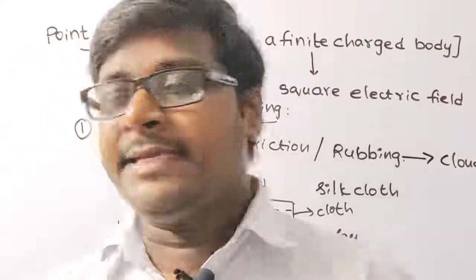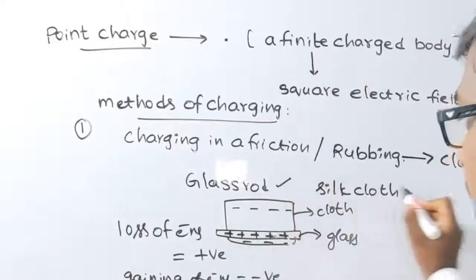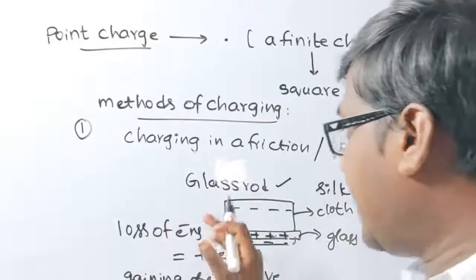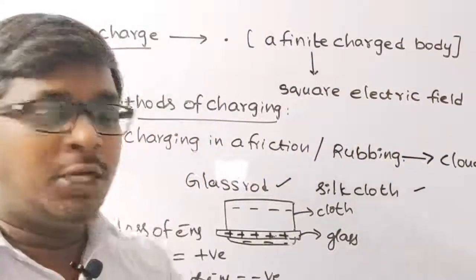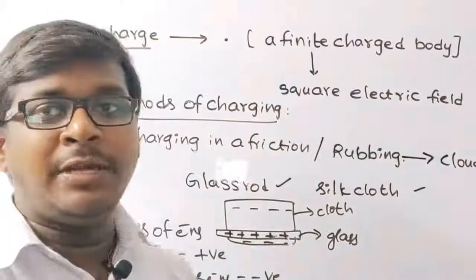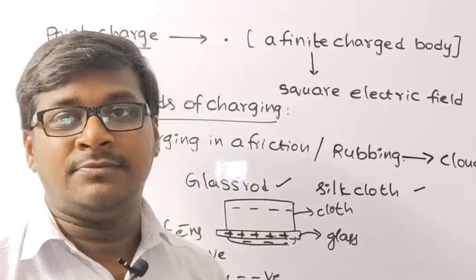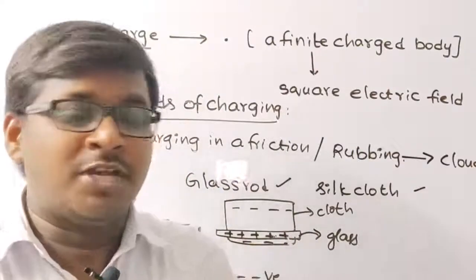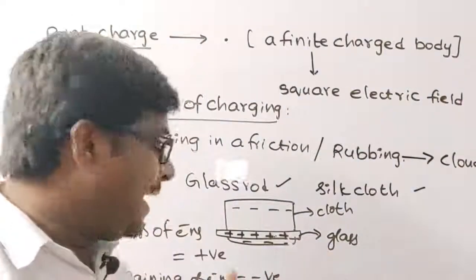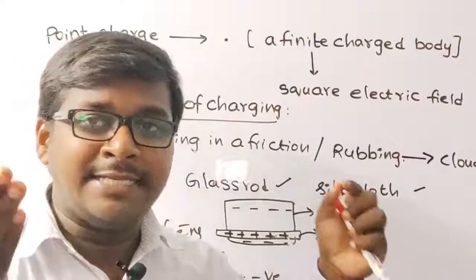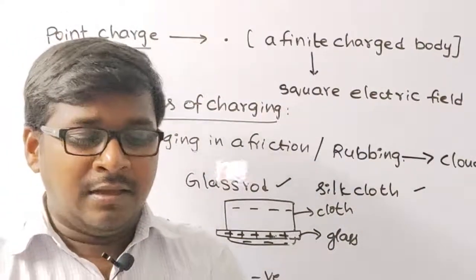Here only one example is taken, glass rod and silk cloth. The glass rod loses electrons and acts as a positive charge, and the silk cloth gains electrons and acts as a negative charge.